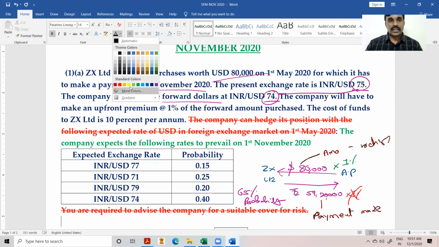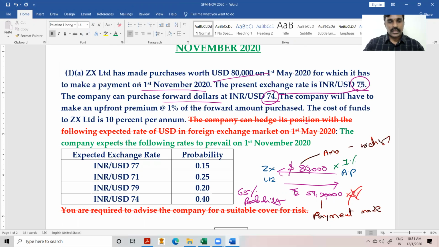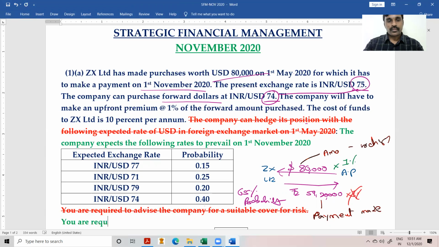This should be the correct sentence of the question. You are required to advise the company as to whether it should cover the risk or not.